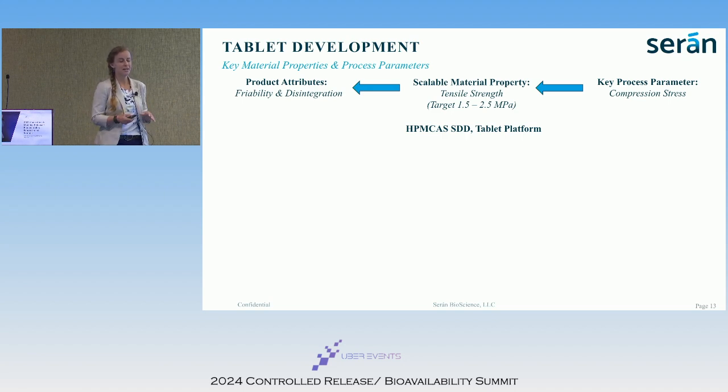I can't go through all of the details of scale-up, but I did want to give a couple of examples of how we think about these concepts, and how it translates to this platform. Again, we talked about our product attributes, with friability and disintegration being very important for our tablets.